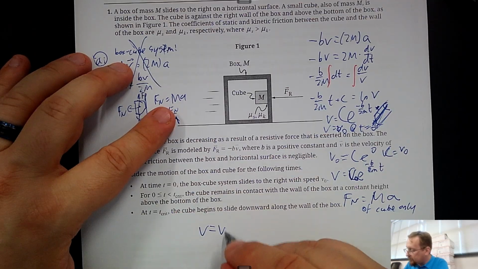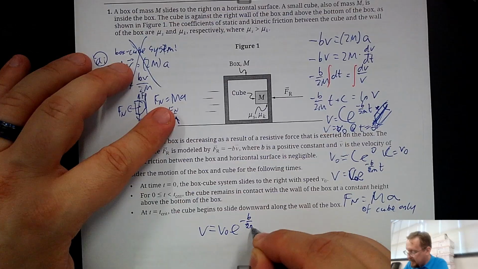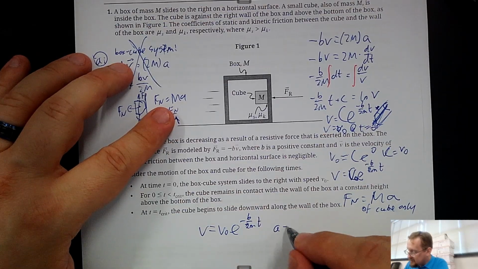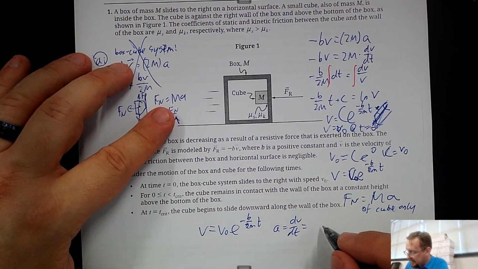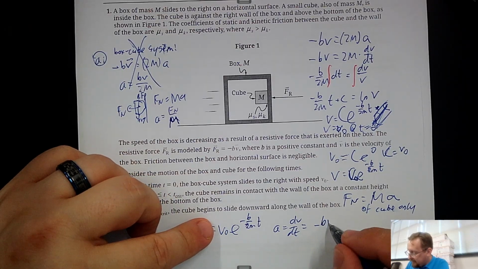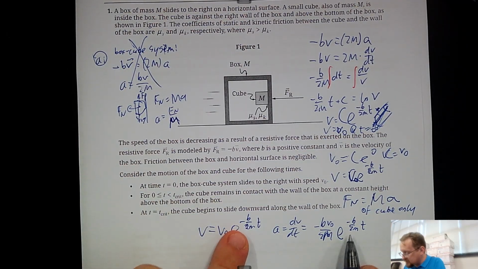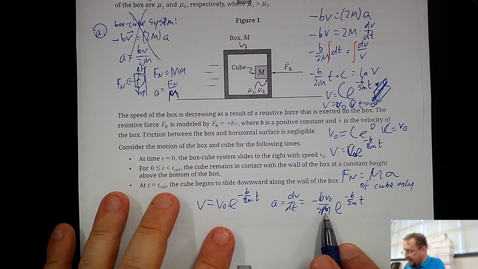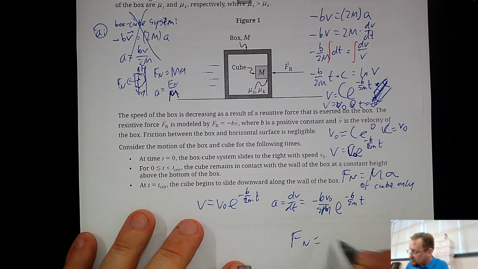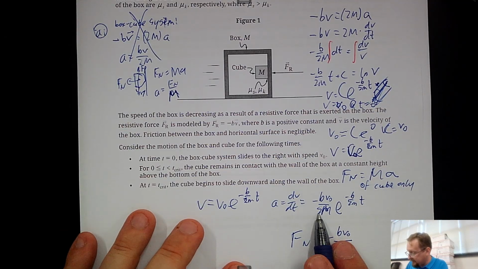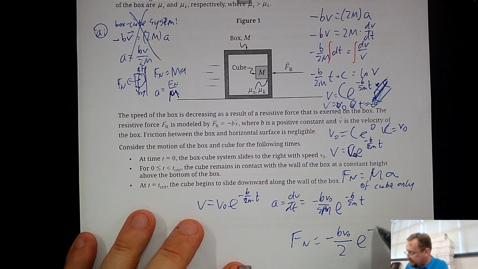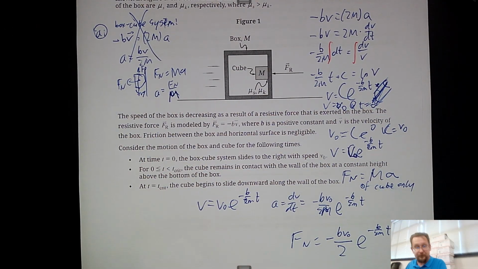If v equals v naught e to the minus b over 2m times t, then acceleration, which is dv dt, is going to equal negative b v naught over 2m e to the minus b over 2m times t. So there's the acceleration. And then all I have to do is multiply by m, which cancels out that m. So the normal force will be negative b v naught over 2, e to the minus b over 2m times t.